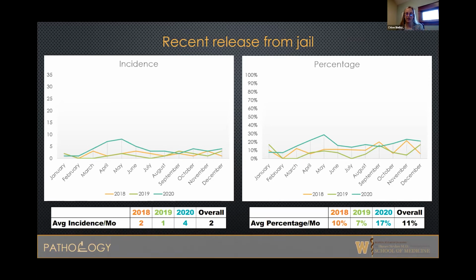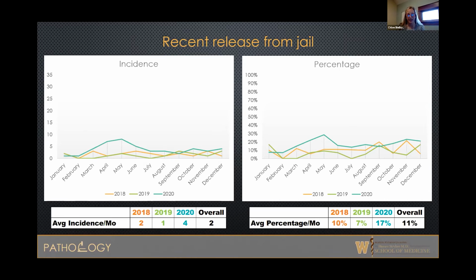Then other studies have found that individuals that were incarcerated face an increased risk of death from overdose, especially if an opioid is involved upon their release because of that period of abstinence that they experience while in custody, and then the lack of social and financial support upon reentry into the community.